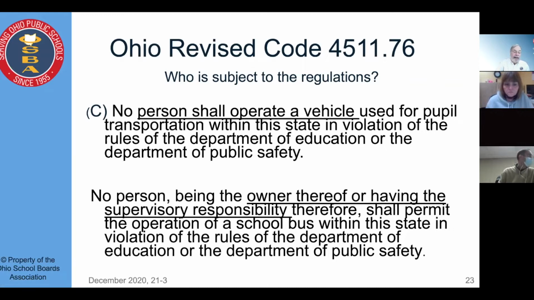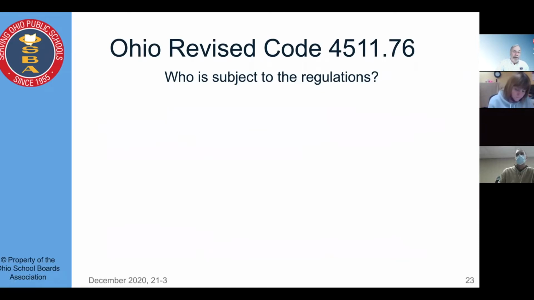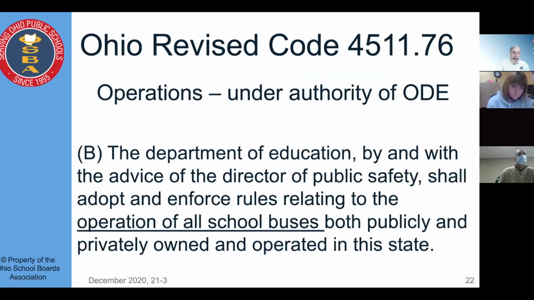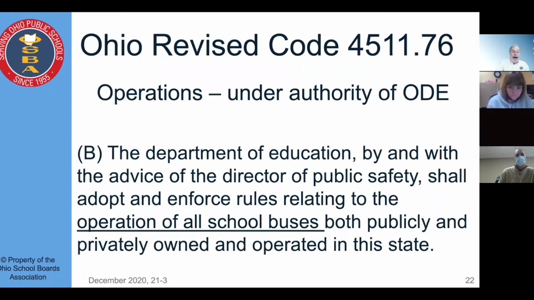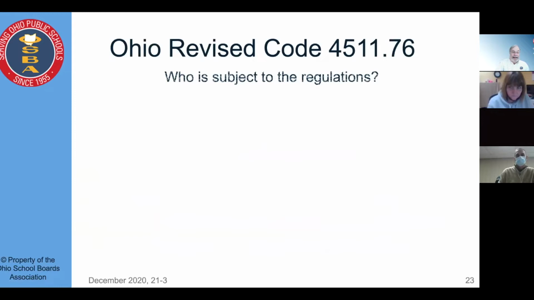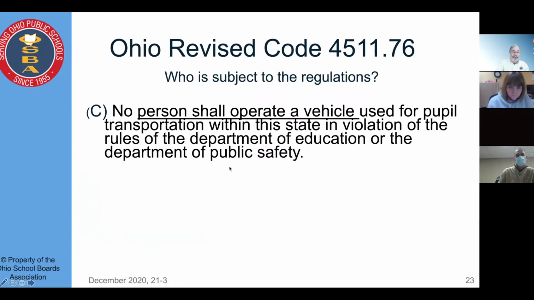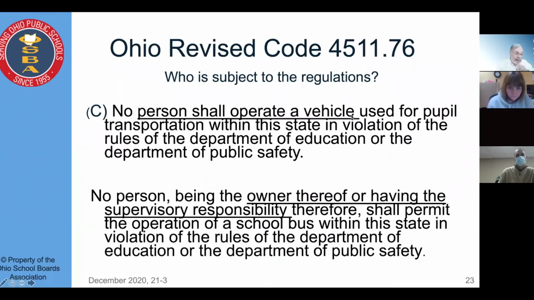Now, I'm going to back you up one slide here because I want to make one more point. We'll go 2 slides. Construction standards is school buses, right? Operating standards is school buses. Who's subject to the rules? It's no longer just school buses. It's any vehicle used for pupil transportation.